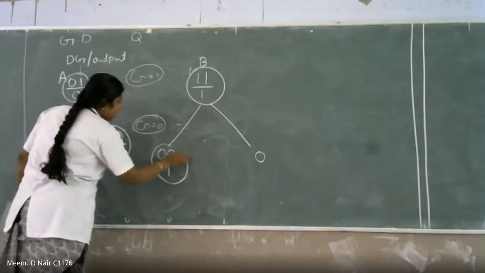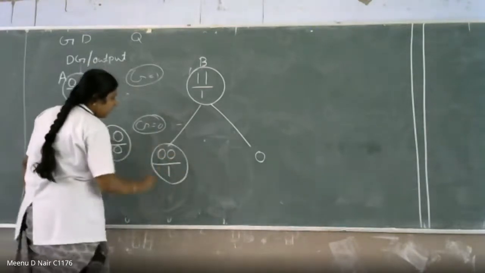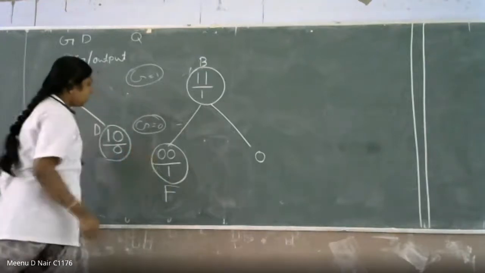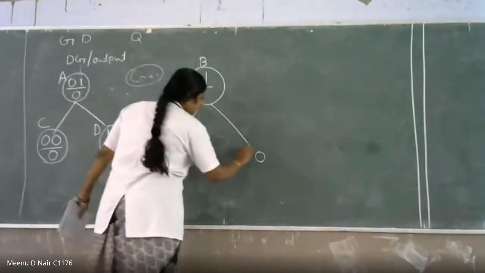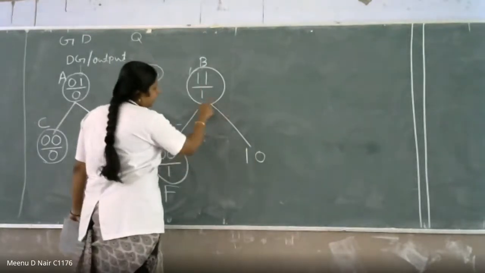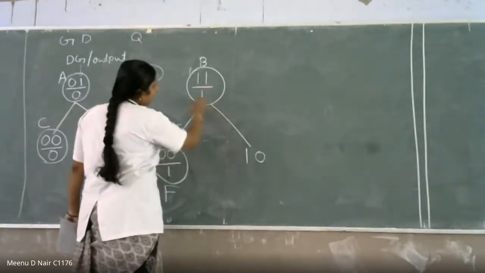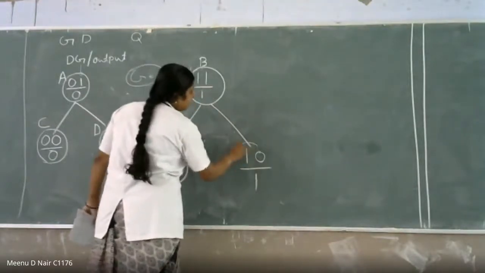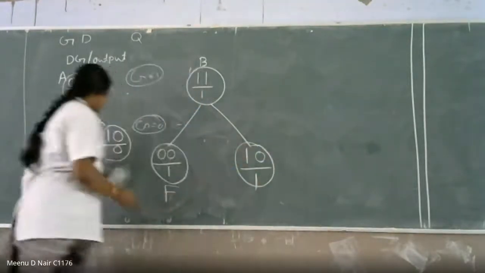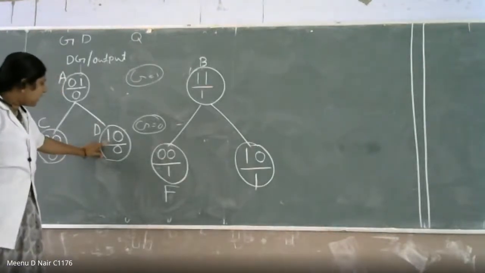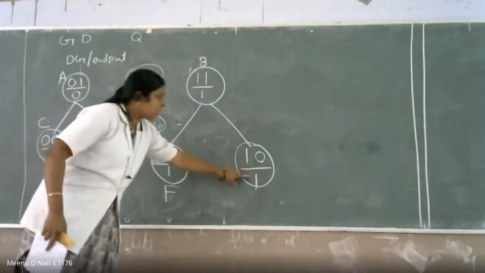I think I'll call this one F, actually E, that we will do here. Here it is 1 and 0, only you are making this as 0 and this one as 1, so the output is 1. Listen here: here it is 1, 0, 0 and here it is 1, 0, 1.